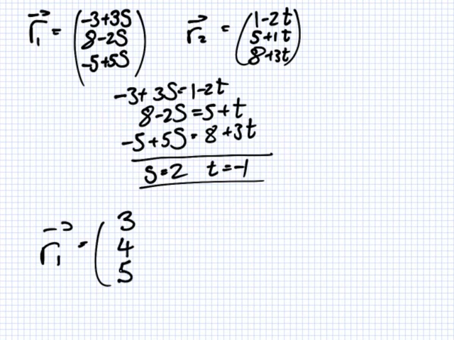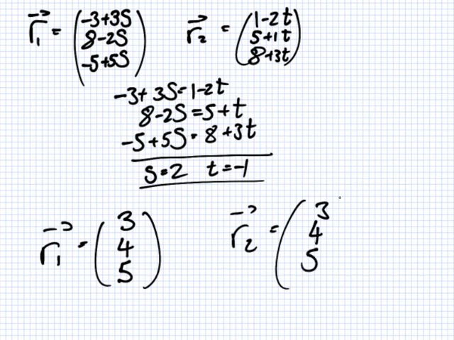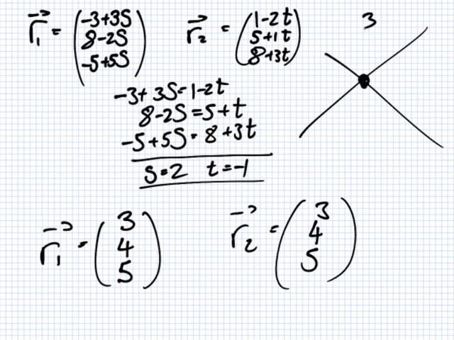If t is minus 1, 3, 4, 5. Sweet. This is where they meet. So these two lines meet here at 3, 4, 5. Okay, if you got that, well done. You have 5 marks and you will not get 0 on your final exam. Congrats.